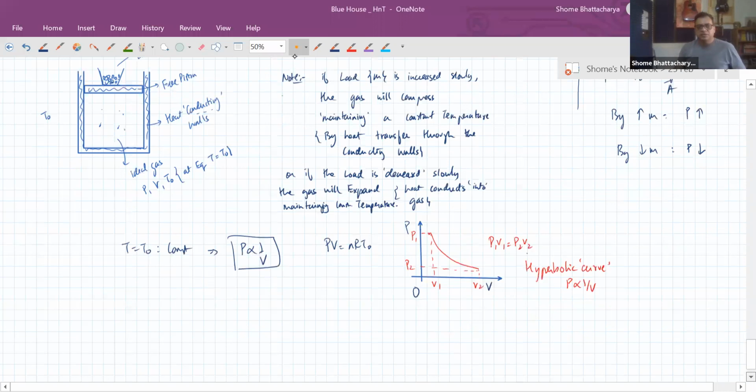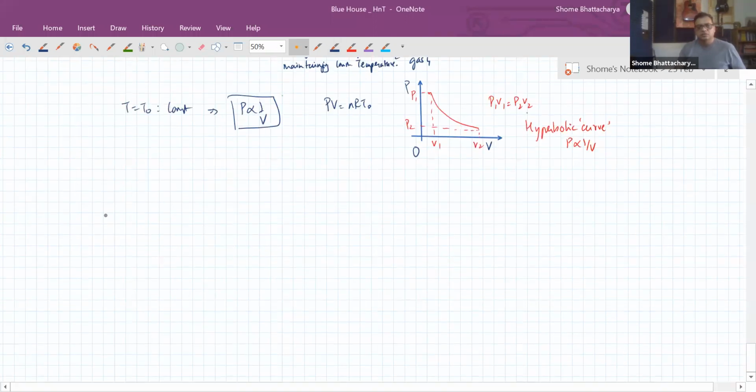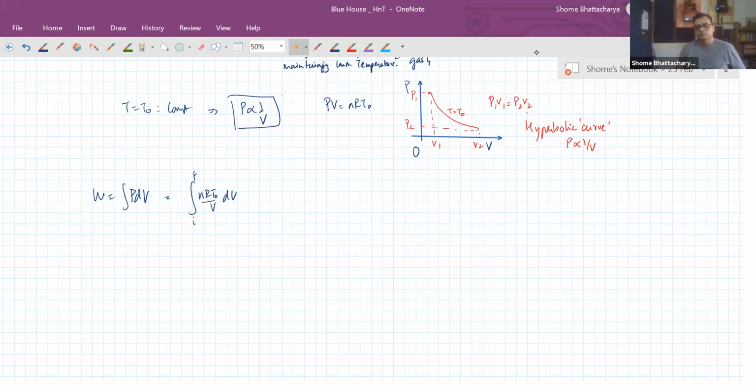Okay, so next up, let us understand work done, which is integration P dV. So this will become this kind of an integration. Yeah, exactly.